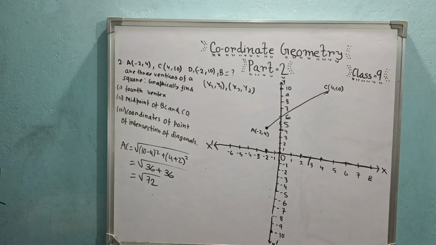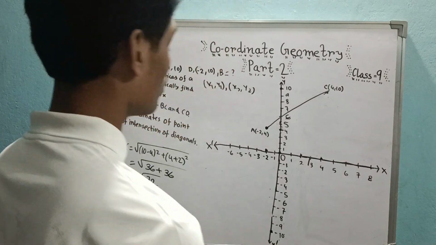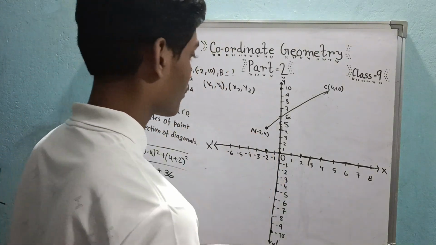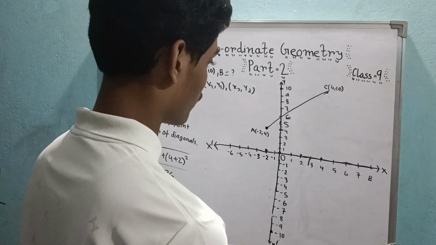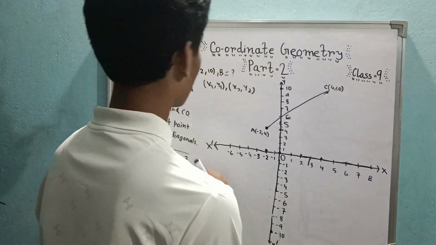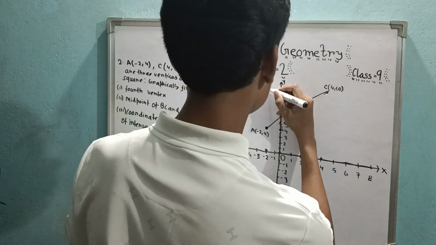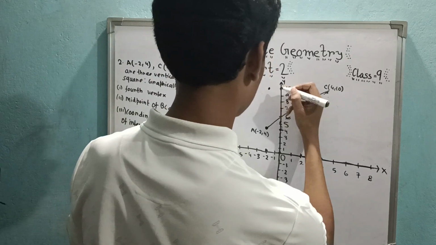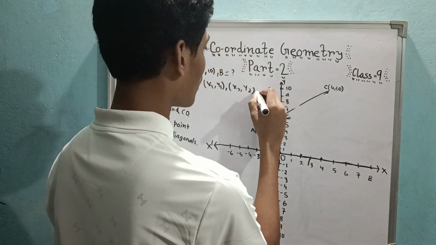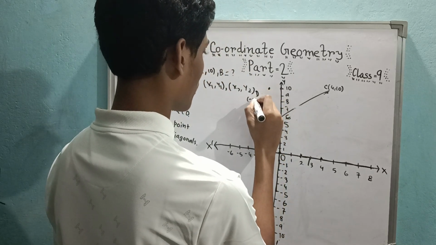Okay, I didn't see one thing, you will also see that. Minus 2 comma 10, right? So on the x-axis minus 2, on the y-axis 10 units. So at the intersection, this is D, minus 2 comma 10.